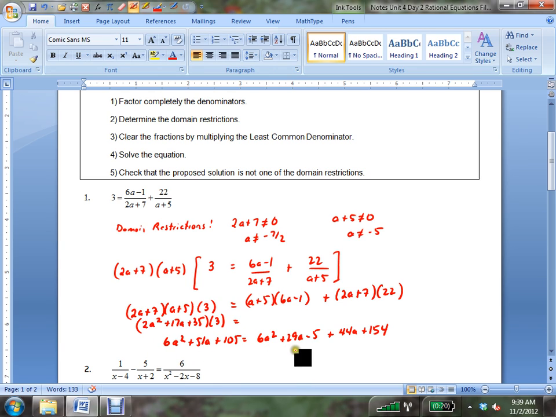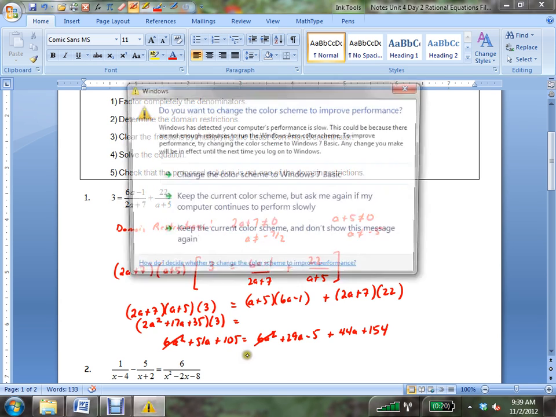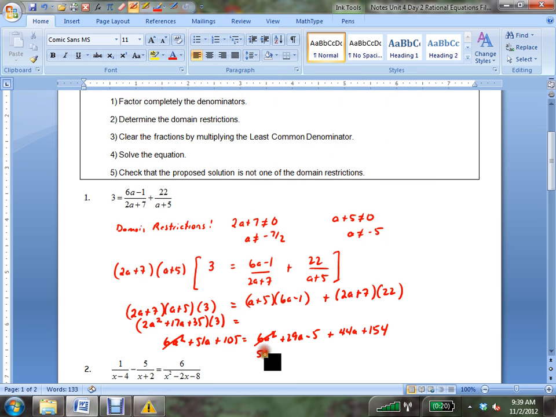Now that we've got everything multiplied out, let's try to simplify. Well, that's rather convenient. The 6a squareds cancel from each side. And then if I could go ahead and put together 29a plus 44a, that is 73a, and minus 5 plus 154 is 149.